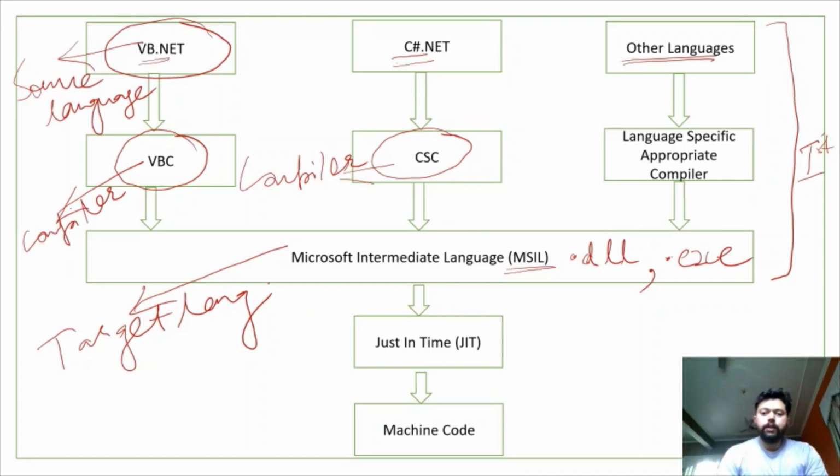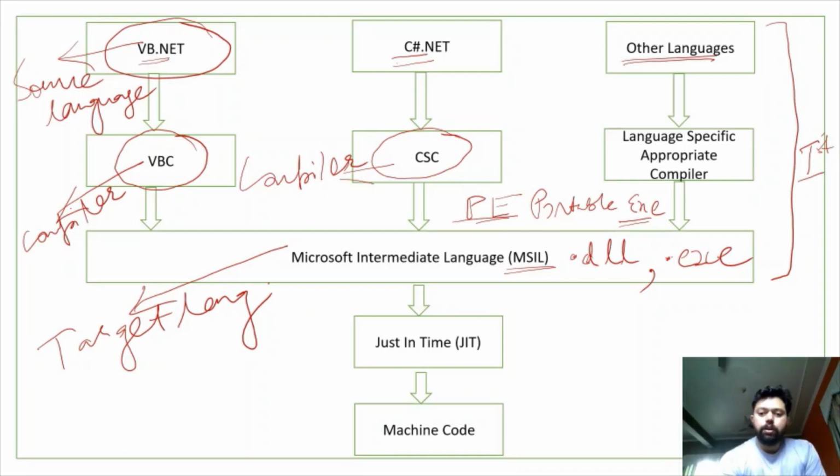We call it a PE file, the portable executable file. The operating system will not compile this portable executable file. It is compiled by a compilation process called the just-in-time compiler.